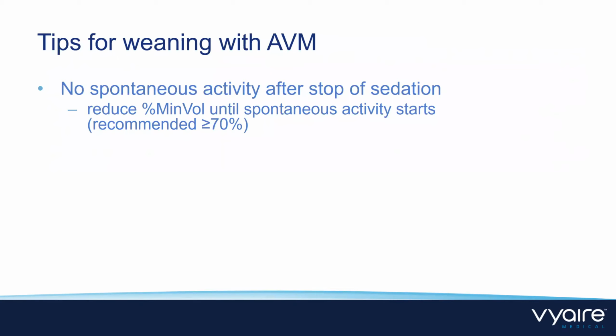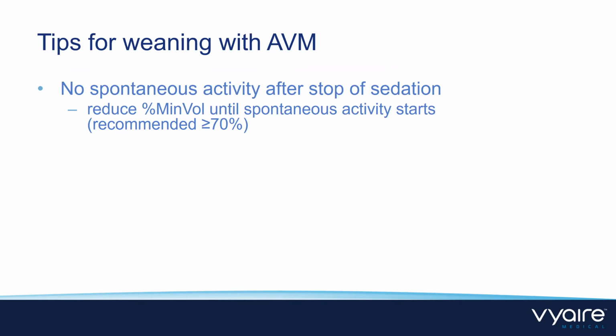So you can just take your weaning with these values, but there may be a situation where the patient is awake and he's responding to your questions, and he's showing you that he's really awake, but he's not breathing. This can happen. So what you can do as a strategy, reduce the percentage of minute volume to increase, in this case, the CO2 for the patient, so that the patient is forced to start spontaneously breathing.